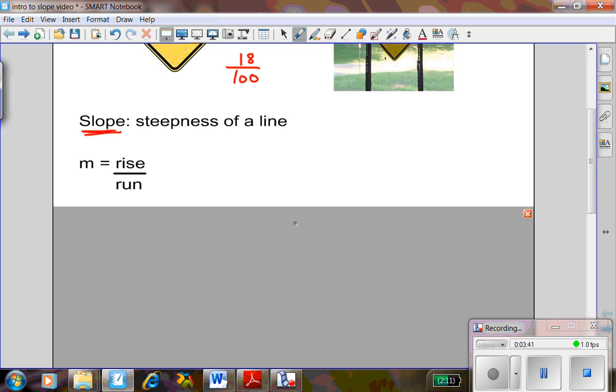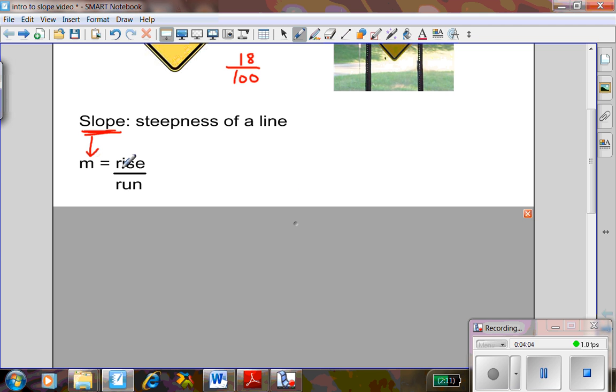First of all, to describe slope, we use the variable m. M stands for slope. Now, there's not a great reason why. In fact, it's not been determined officially by mathematicians why m stands for slope, so it's one of the mysteries of math. There's not too many of those, but that's one of them.